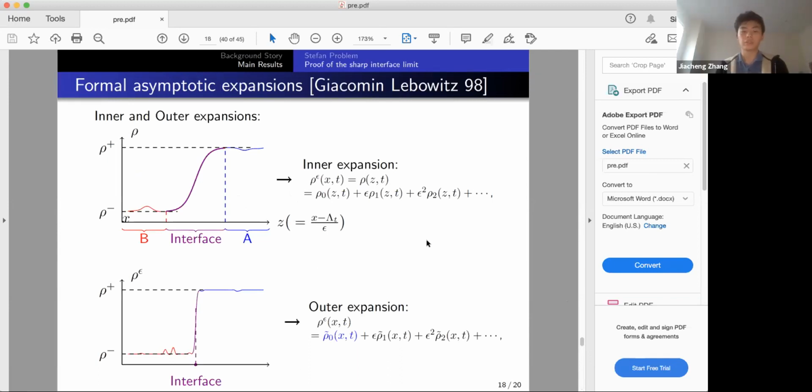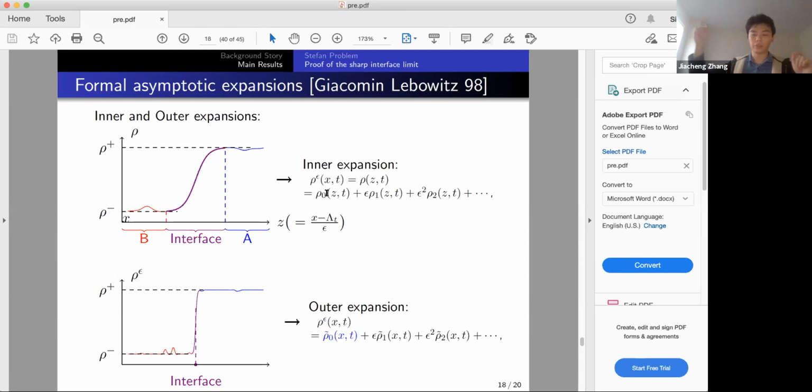Okay, so for the inner expansion, we want to look at how this interface evolves as this epsilon goes to 0. If you do the rescaling, this interface basically becomes a step function. The interface here will just be a jump function from rho minus to rho plus.